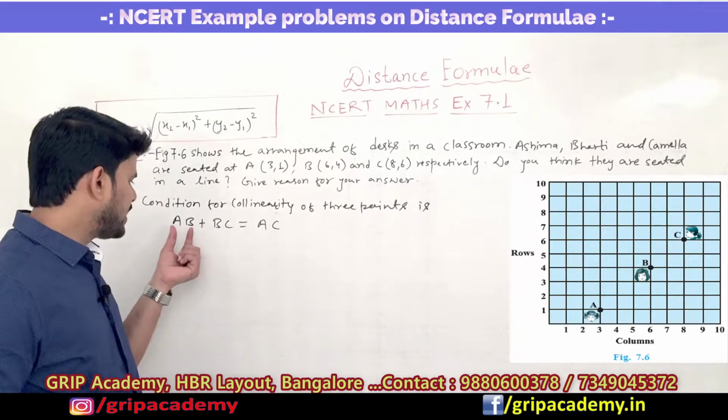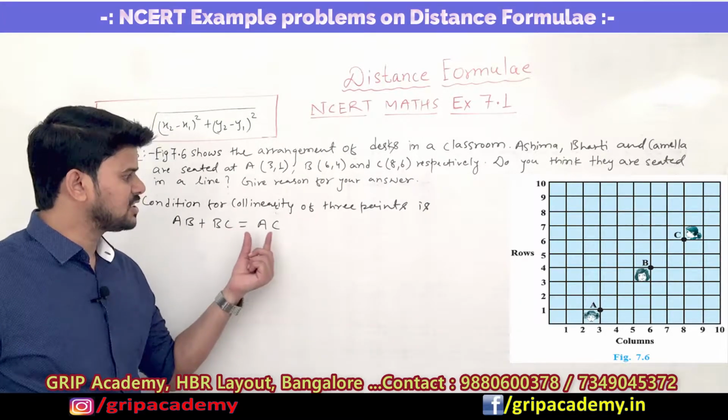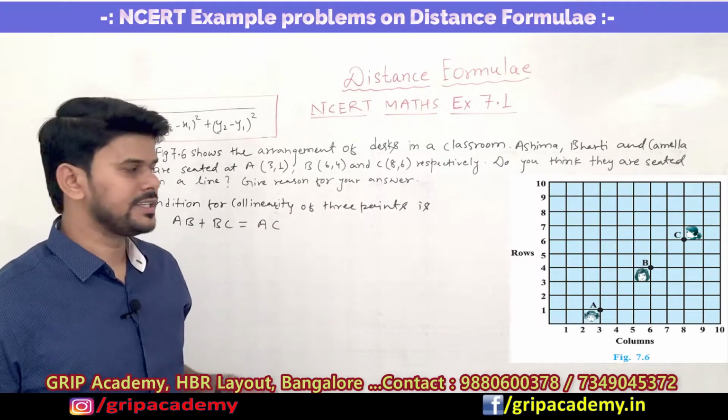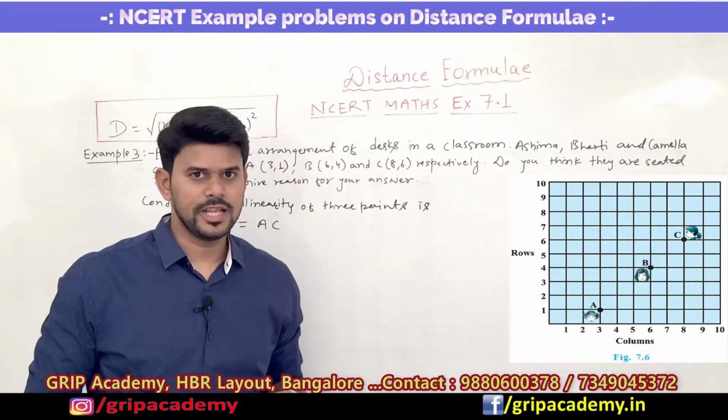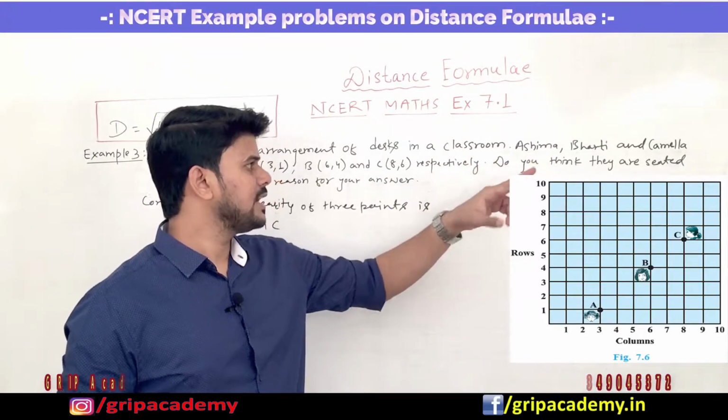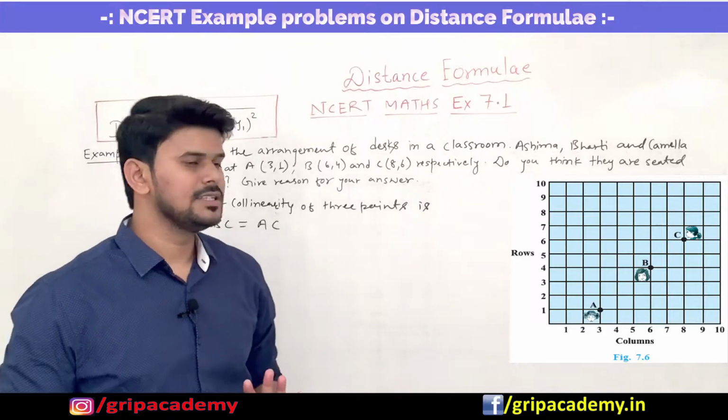If the length of AB plus the length of BC is equal to the length of AC, then all the 3 points will be collinear. It means they will lie in the same line. Hence it will be proved that Ashima, Bharti and Camilla are sitting in the same line.